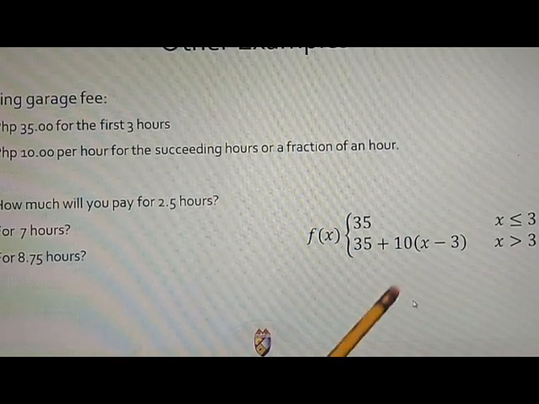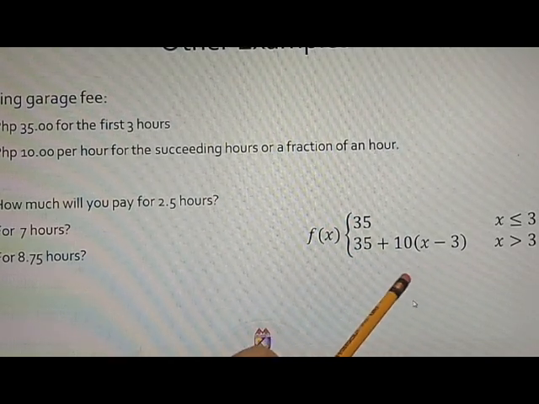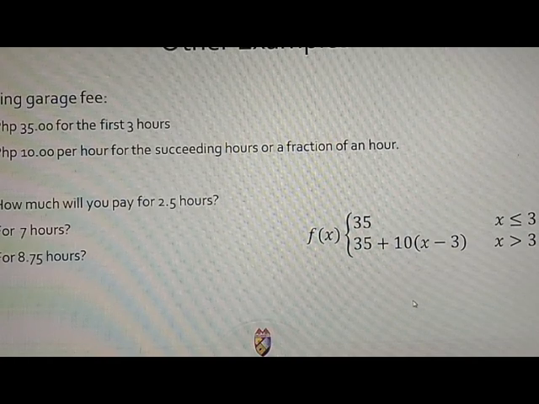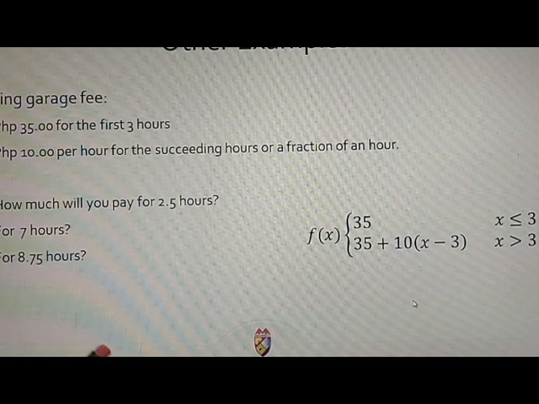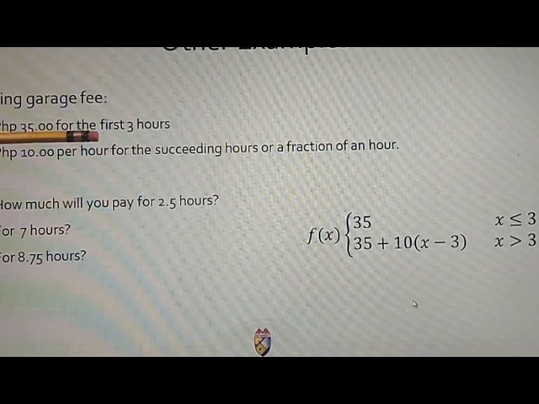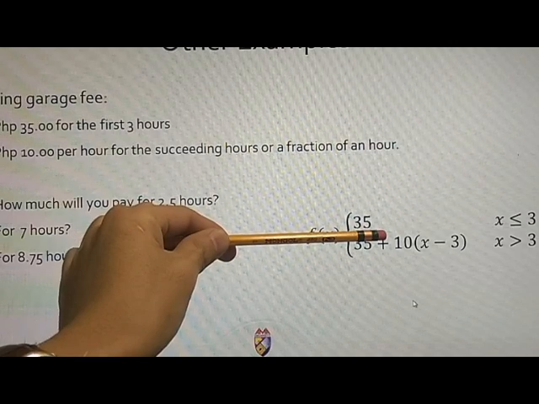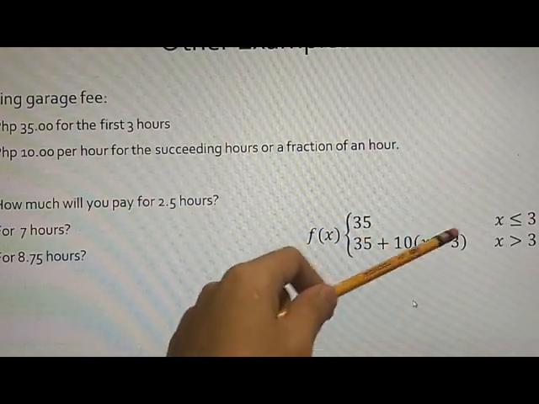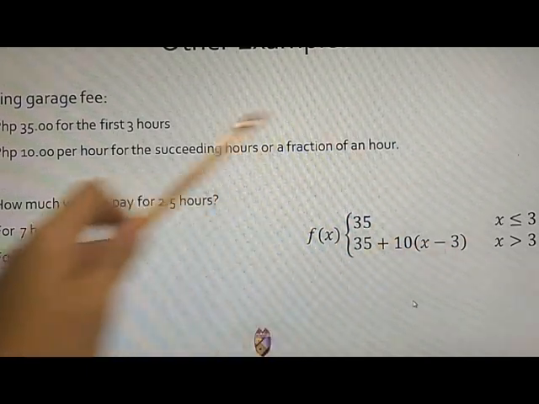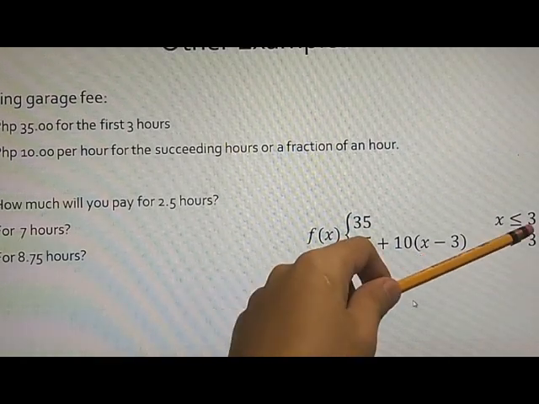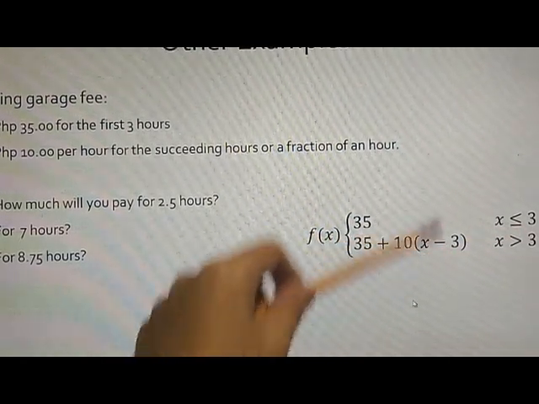Bakit tayo nag-x minus 3? It's because x represents the total number of parking hours in the garage. But we have the first condition that for the first 3 hours, the price would be 35. Since the price of the first 3 hours is different from the succeeding hours, we have to deduct the first 3 hours from the total number of hours.